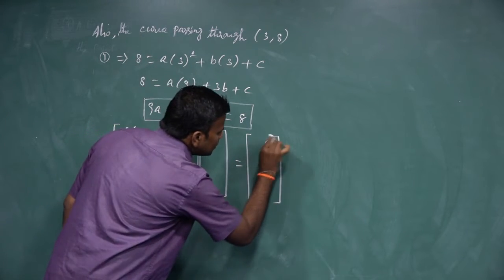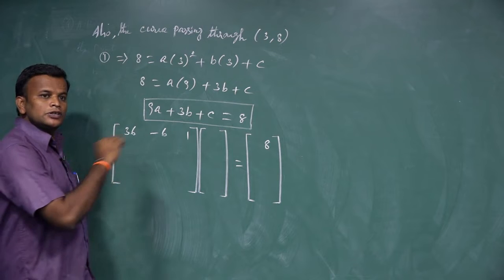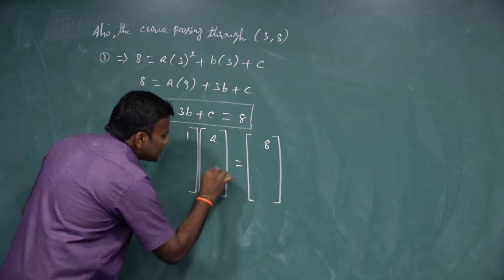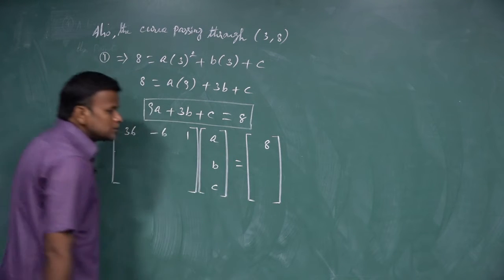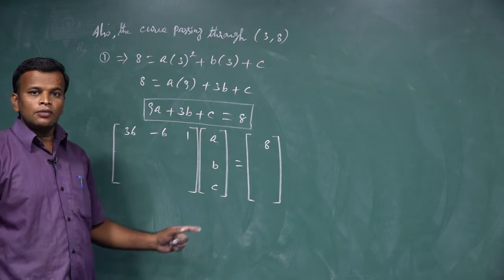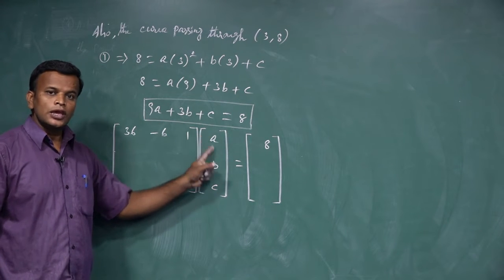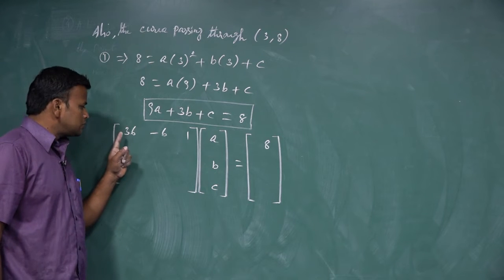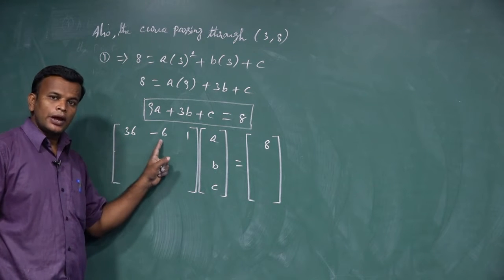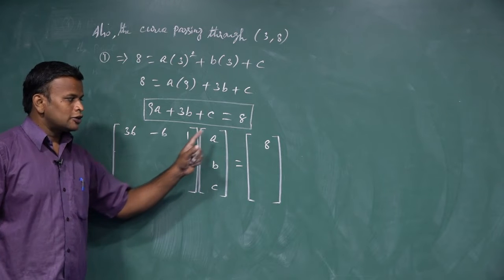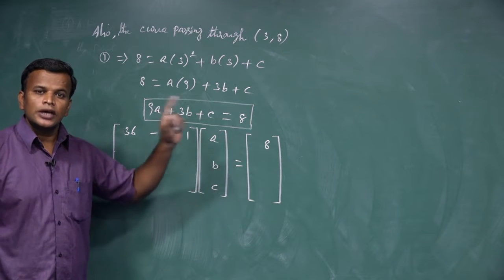So we write here 8. Usually we take the unknowns as a, b, c. It's important, it's not x, y, z, because all the 3 equations involve the coefficients of a, b, c.